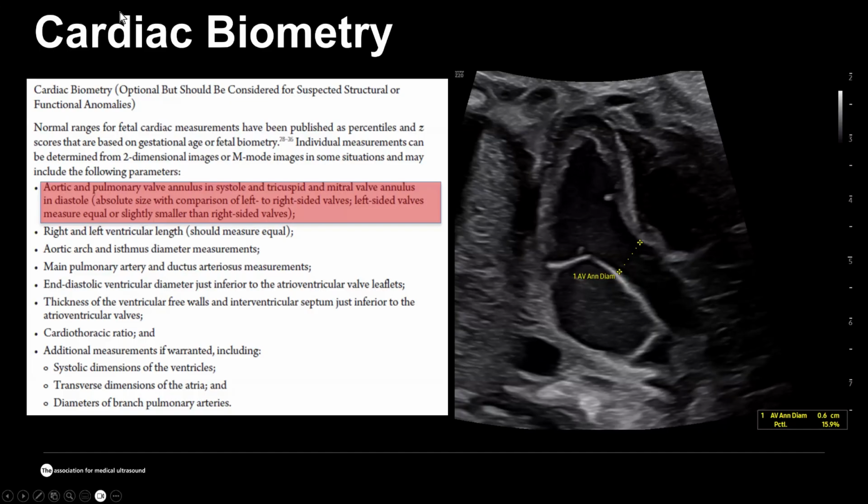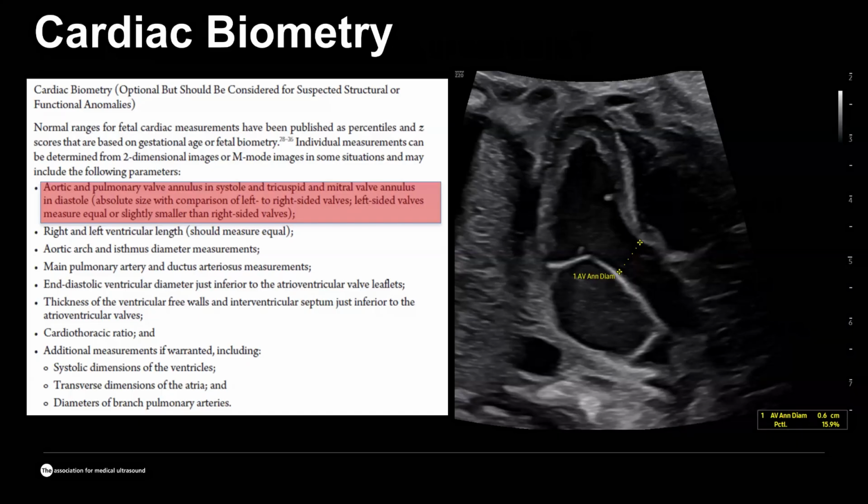I would also like to highlight that not just the measurement is performed, but we also have a tool for interpretation that demonstrates the percentile or the z-score, which helps you not just to look at that particular absolute measurement, but also to understand where that measurement falls in terms of the normal ranges. That helps the interpretation of those findings right away.